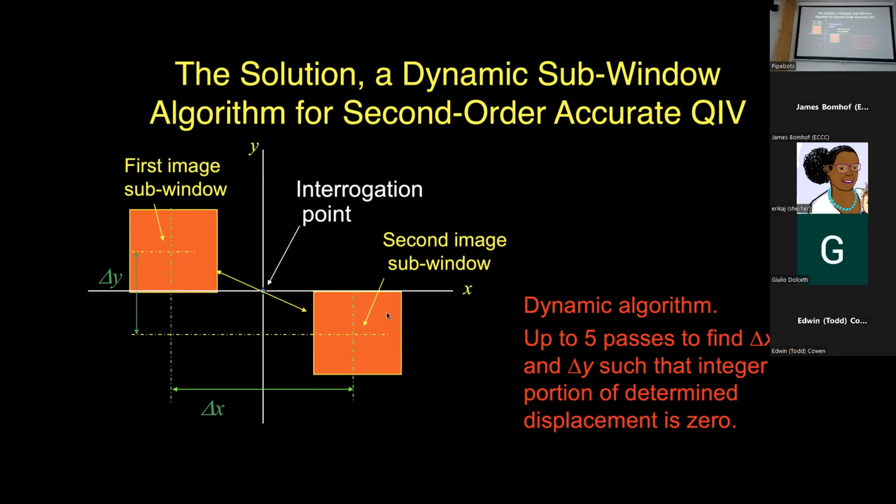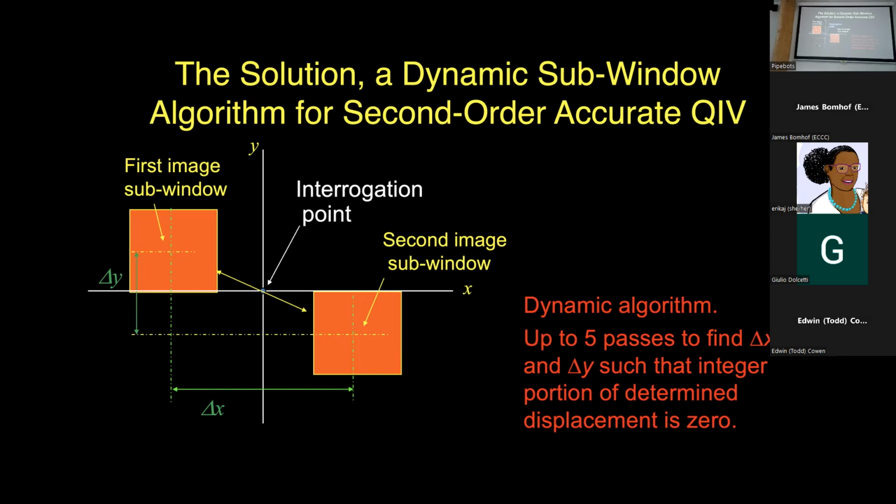And in subwindow 2, I displace it the other half downstream. So then I have a displacement that is the integer pixel distance between the two subwindows. And I now expect all of my particles to effectively be in the subwindows. And really, I'm just down to subwindow fitting.